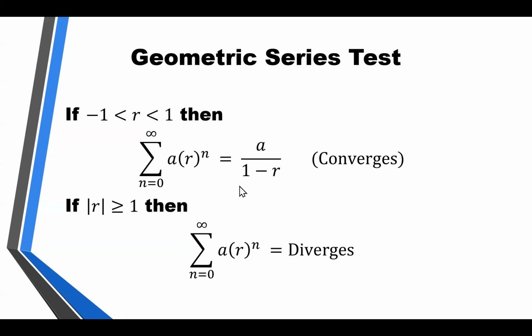How do we get a over 1 minus r here? How do we know that this diverges? Well, it turns out that this is just a consequence of dividing polynomials. Let me show you what I mean by that.